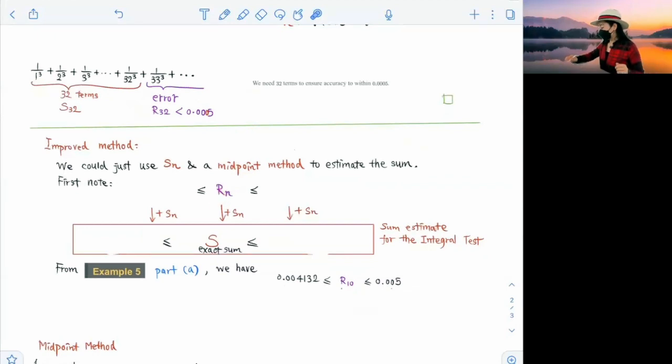First, let's note that Rn is less than or equal to what integral, and greater than what integral? What's the integral above here and the integral below here? This integral and this integral, of this function, in general.